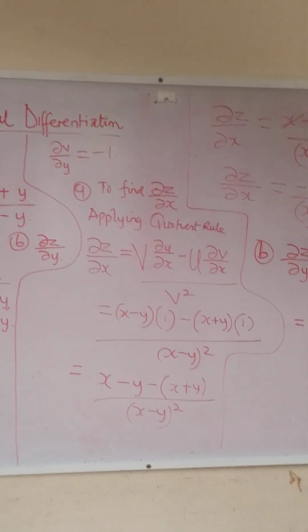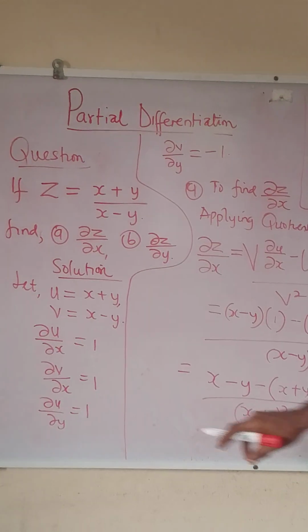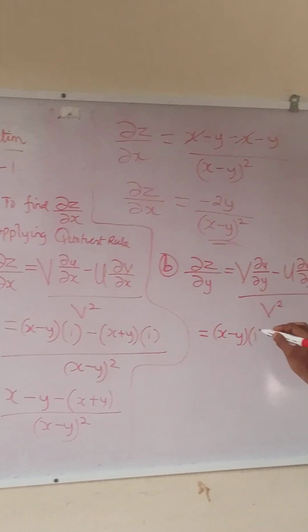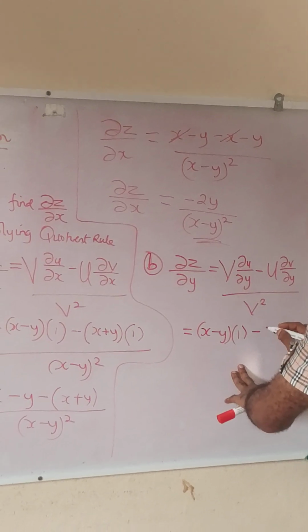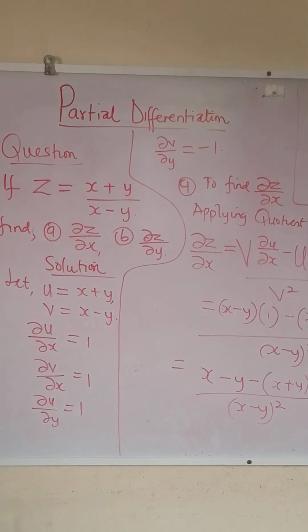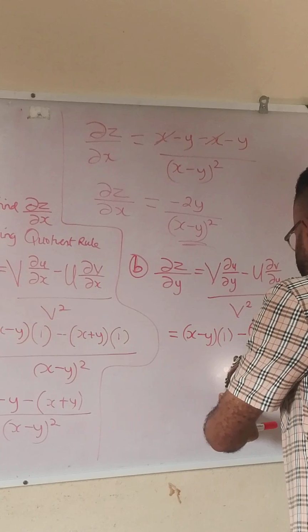And the change, partial derivative of u with respect to y, from here is 1. So we have 1. We put a minus. Our u from here is x plus y. So we have x plus y. Put it in brackets.